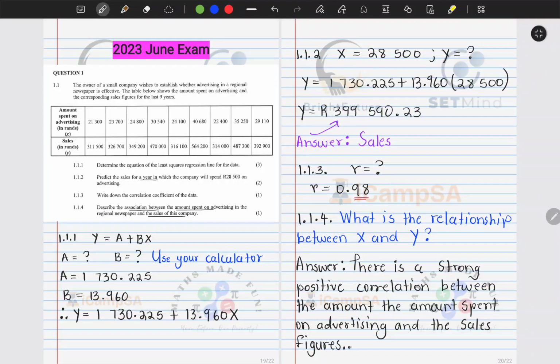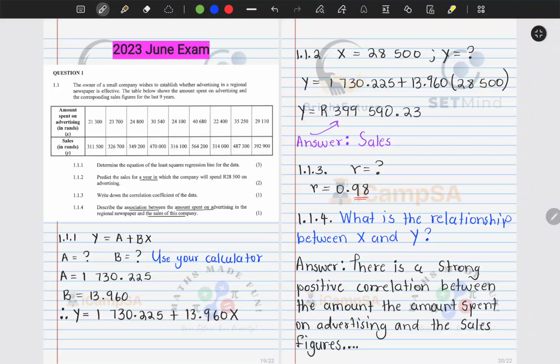Okay, this is as simple as we can write it to be. So there is a strong positive correlation between the amount spent on advertising and the sale figures. So meaning the more money they spend on advertising, the more sales they will get.